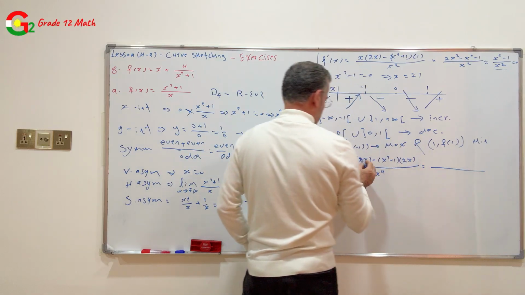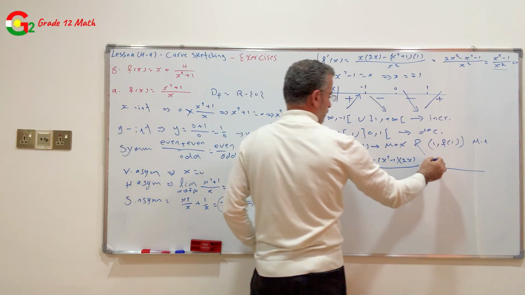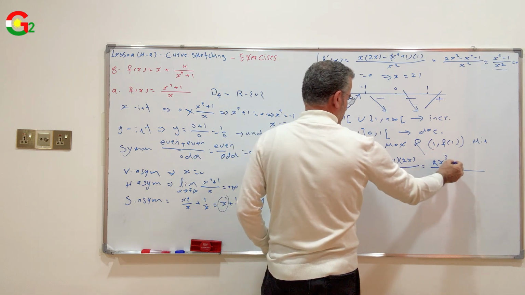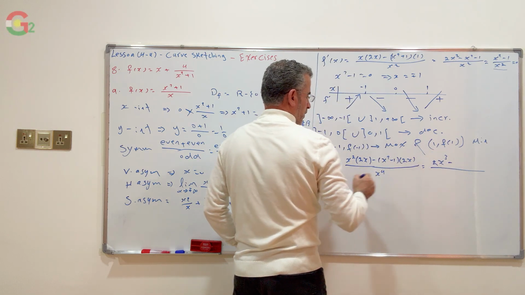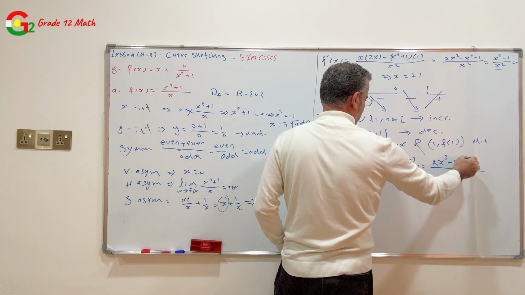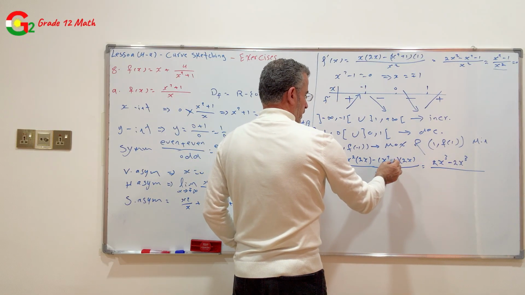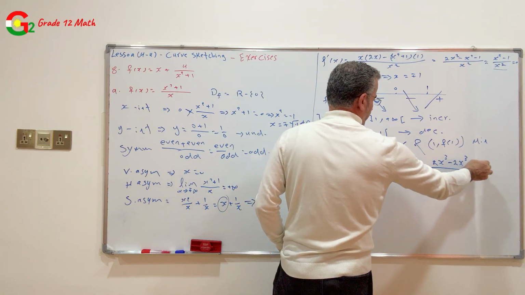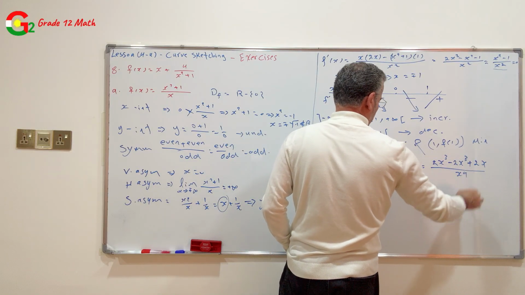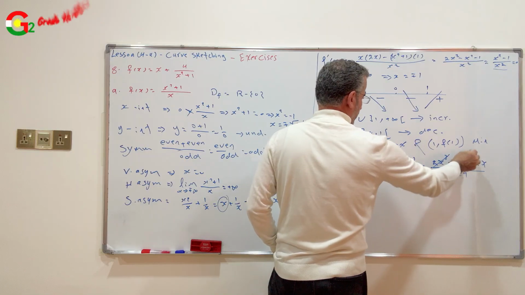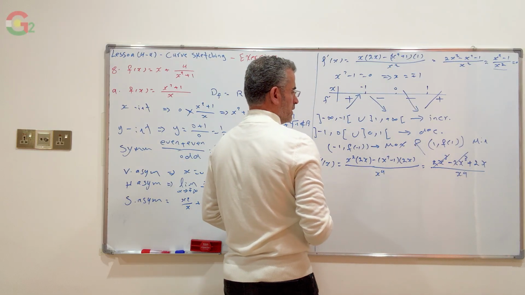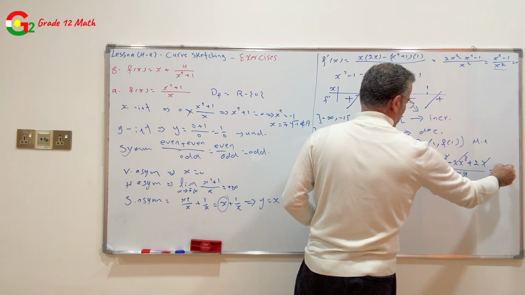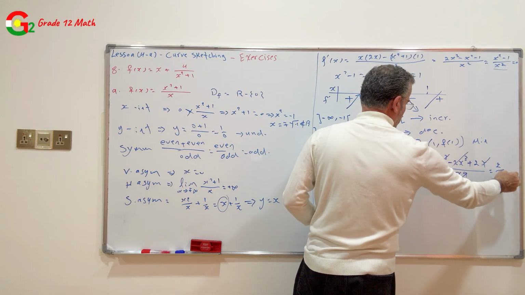Simplify this, 2x times x power 2, 2x power 3, minus 2x times x power 2, 2x power 3, negative 1 times negative 2x, positive 2x over x power 4. 2x power 3 minus 2x power 3 is 0. So with x power 4, the answer is 2 over x power 3.